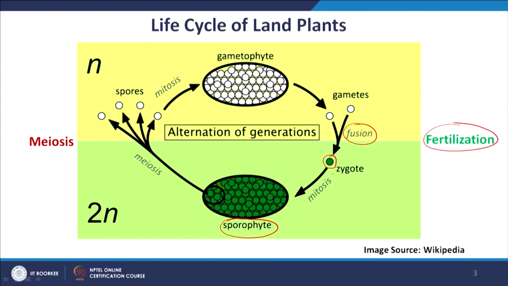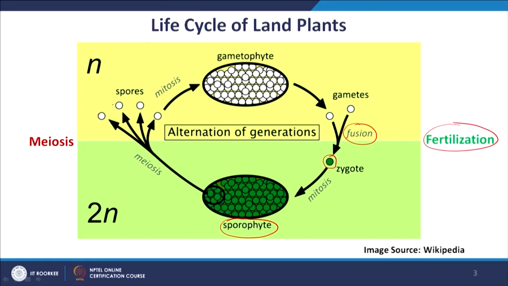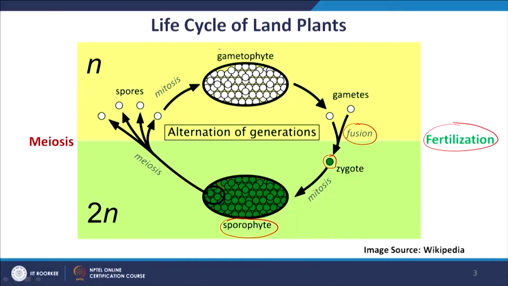After fertilization, the diploid zygote undergoes cell division, typically mitosis, to generate the multicellular sporophytic phase. And then at some point in the life cycle, the sporophytic phase undergoes meiosis, which generates many haploid spores. When these haploid spores undergo further mitotic cell division, they generate the multicellular gametophytic stage, and this entire process is called alternation of generations in land plants.